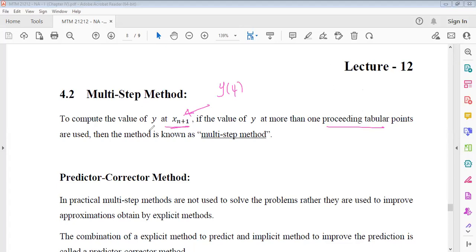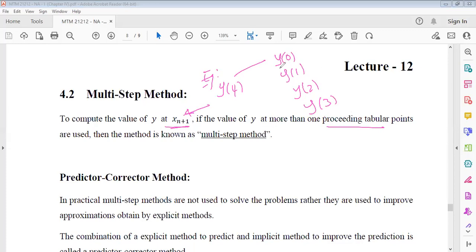So to compute the value of y at xn plus 1, if the values of y at more than one preceding tabular points are used, for example, if you wanted to find y of 4, they would give you y of 0, y of 1, y of 2, up to 3, as tabular values.